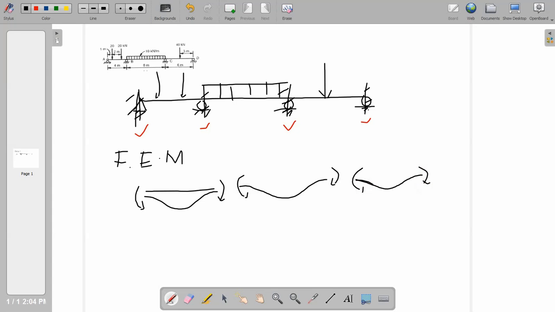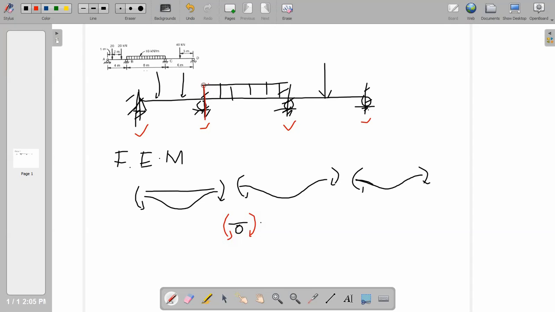Now we know that since these are not actually fixed supports and it is a continuous support, for equilibrium at the support, whatever moment is acting on this side should be equal to the moment on this side, or else we do not have equilibrium. So basically in the moment distribution method, first we assume that all are fixed, then we start releasing the supports one by one. So what do we mean by releasing?